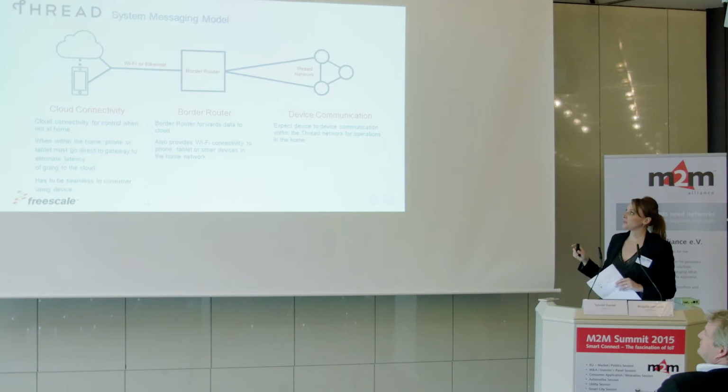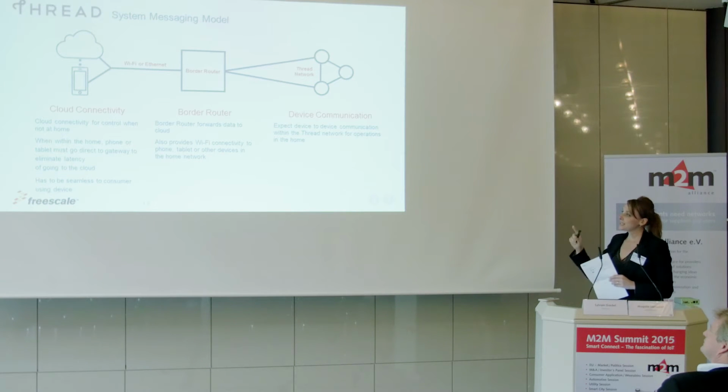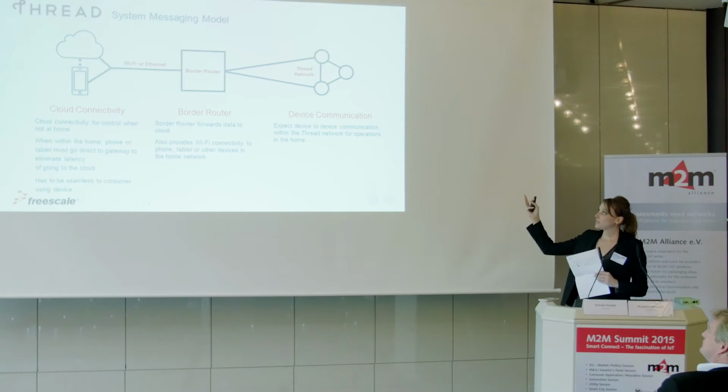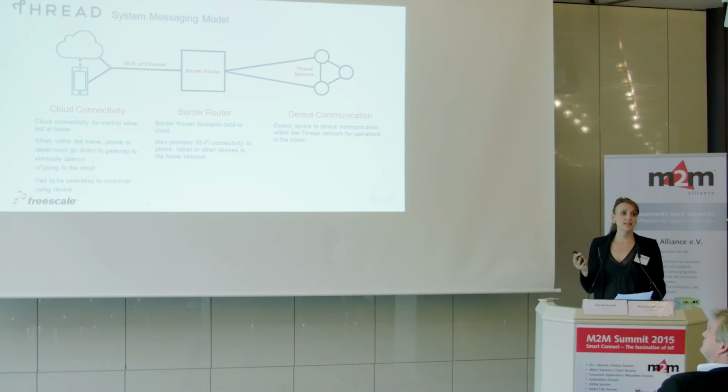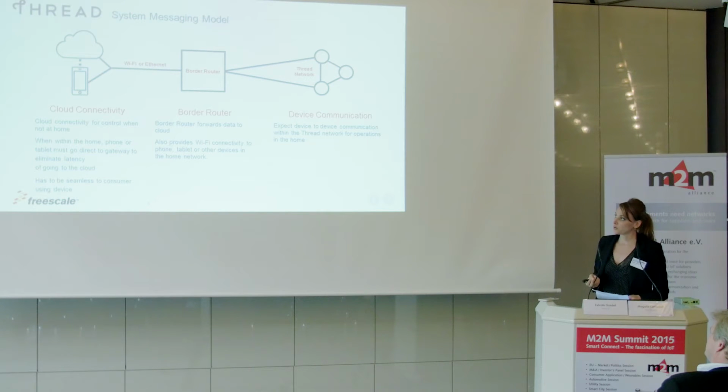But then I will explain what is the relation between Freescale and Sierra and why we make this all together. This is an example of a home connection. You have the device communication, so this is easy. Let's imagine a fridge or something else. Then you have the border router, which is bringing the Wi-Fi connectivity, and which is then talking to the cloud.